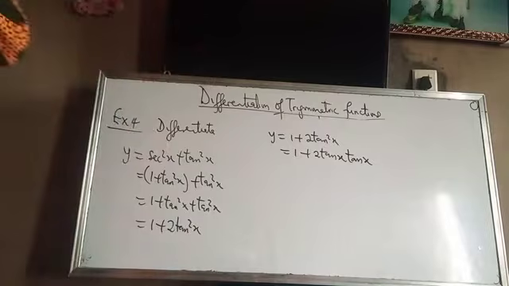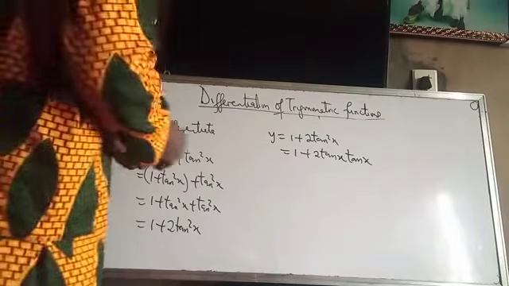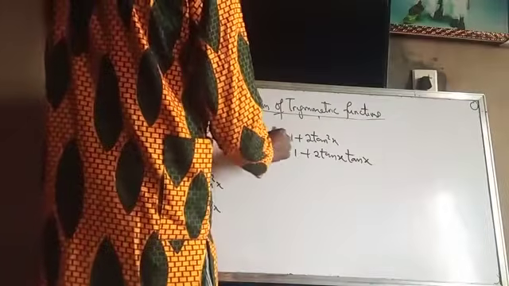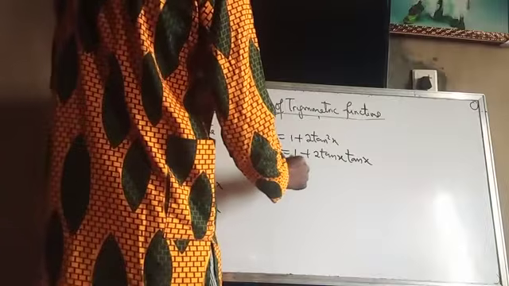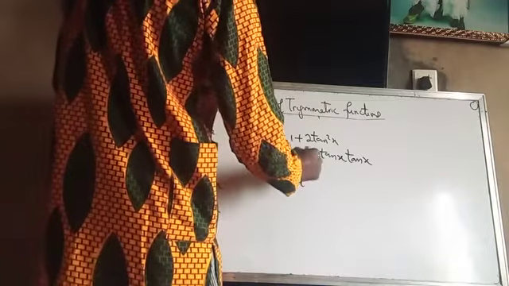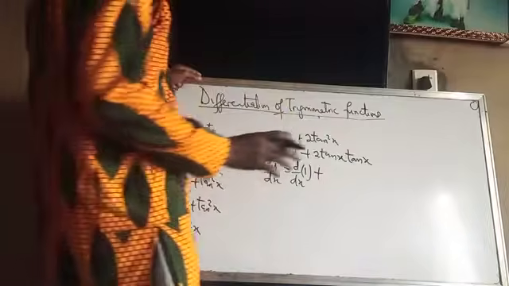So now how do we go about this? Let's put it as 1 plus 2 tan x all square, if you like, or you can split it like that. It's still the same thing. Now, dy dx will be d dx of 1, then plus, to make it easy for yourself, just try to pair them.